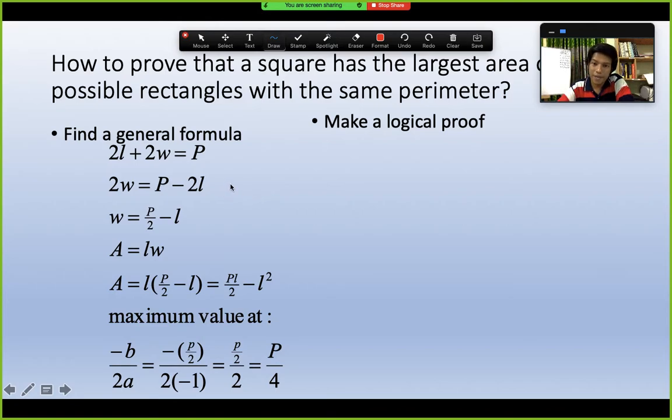But at least you have seen that math where we asked to find out for what value of W or L we will get the maximum area.